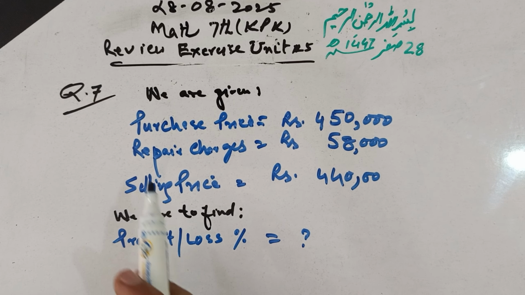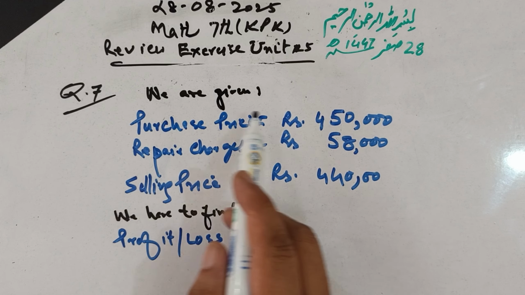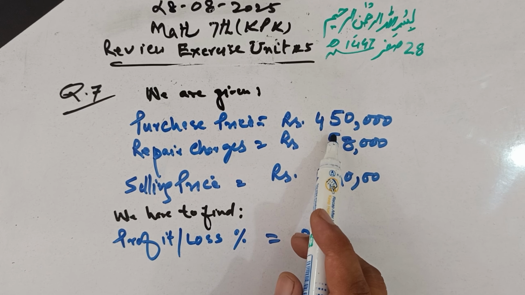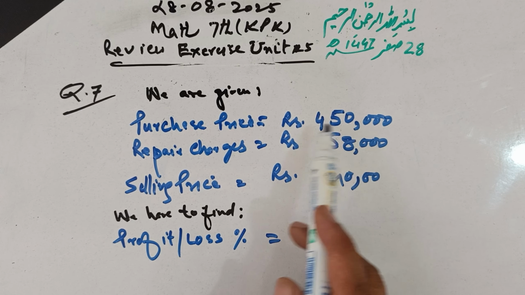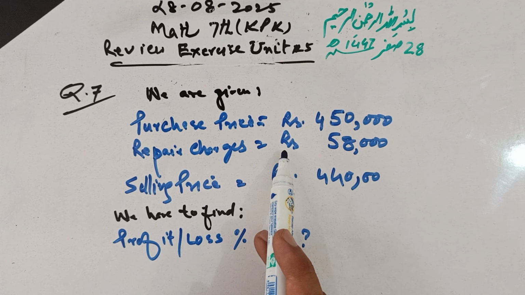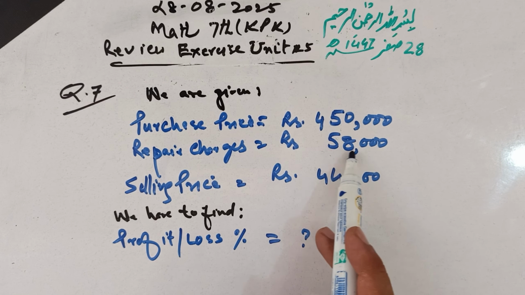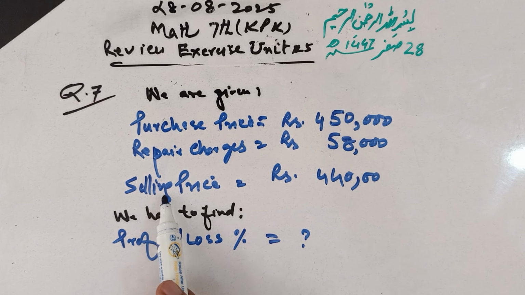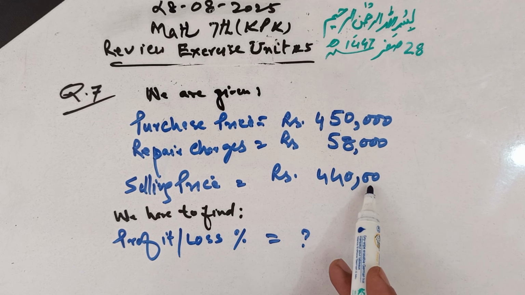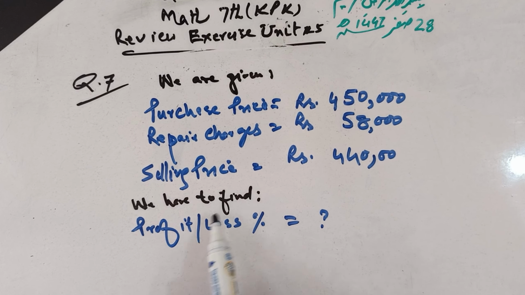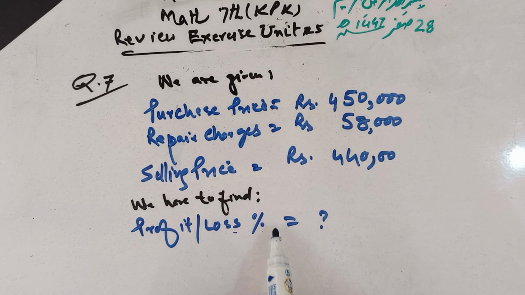Yes, on the whiteboard I have written what we are given: purchase price 450,000 rupees, repair charges of the car rupees 58,000, and selling price which is 440,000, and we are asked to find profit or loss percentage.